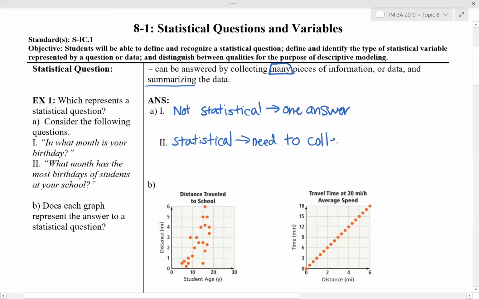Because this one requires us to collect multiple answers in order to actually answer the question, we are categorizing that as a statistical question.